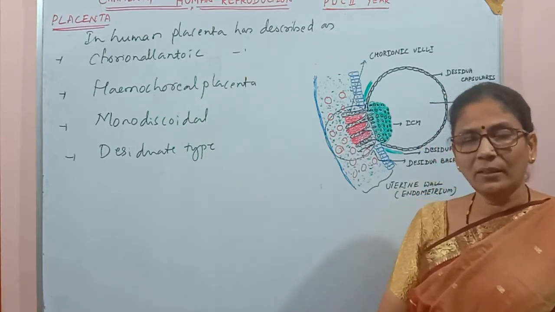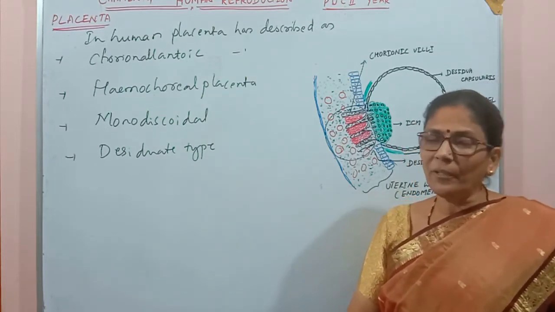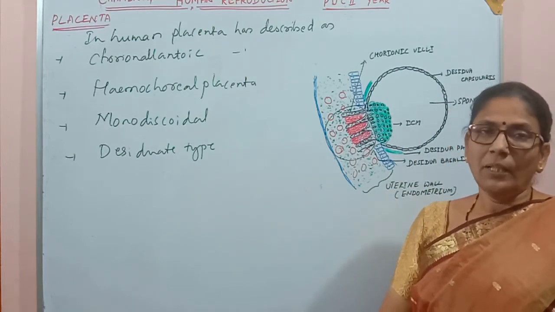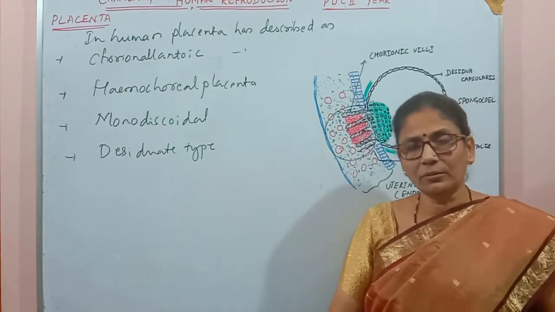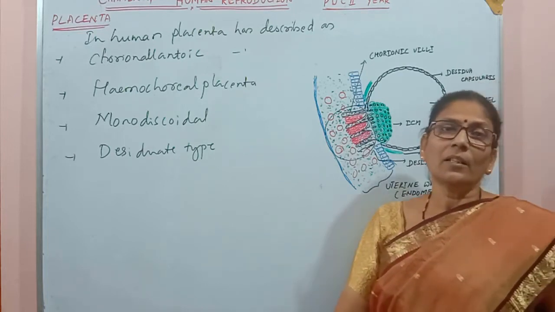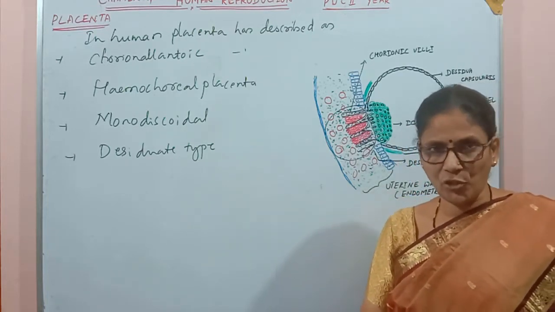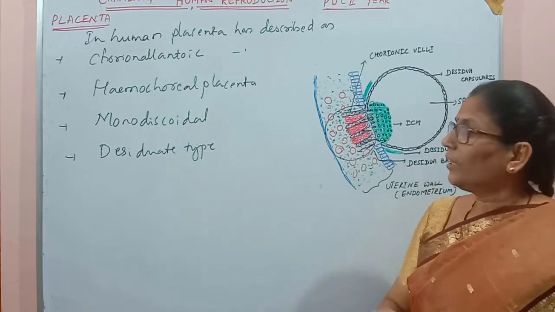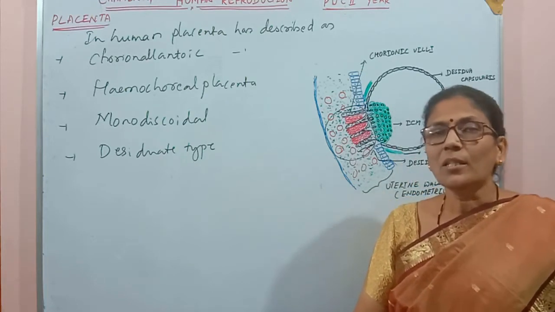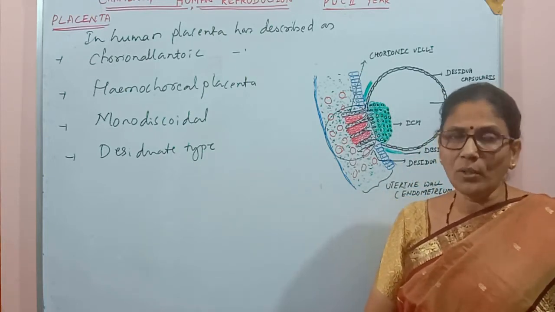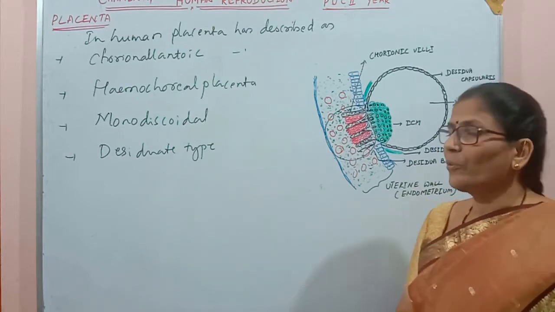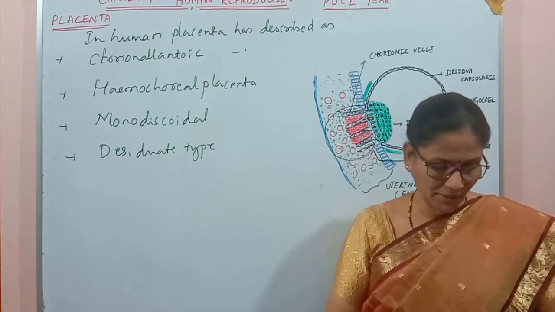Deciduate means there is contact between chorionic villi and maternal body tissue, but during parturition there is breakage of maternal body tissues. Blood comes out and some of the maternal body cells also come out, and that is called the deciduate type. So these are some of the terms used to describe the placenta.